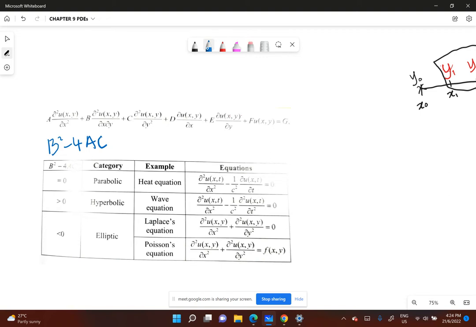Pernah nampak? Okay. So let's say we consider this is the linear second order PDE. In your syllabus pun sampai second order sajalah sebenarnya.